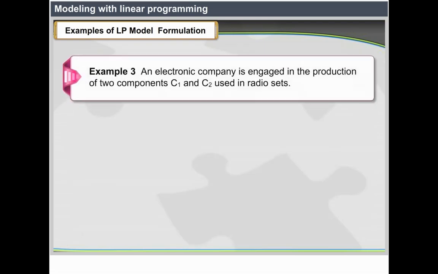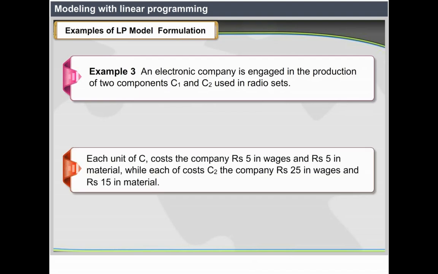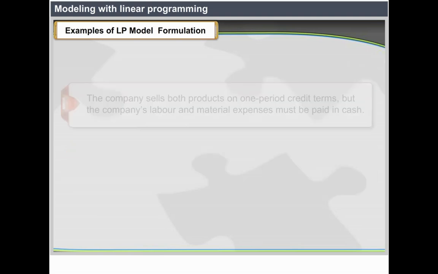Example 3. An electronic company is engaged in the production of two components C1 and C2 used in radio sets. Each unit of C1 costs the company rupees 5 in wages and rupees 5 in material, while each unit of C2 costs the company rupees 25 in wages and rupees 15 in material.